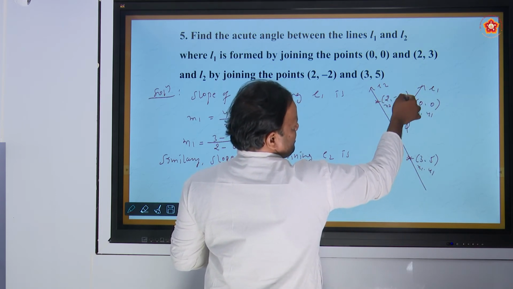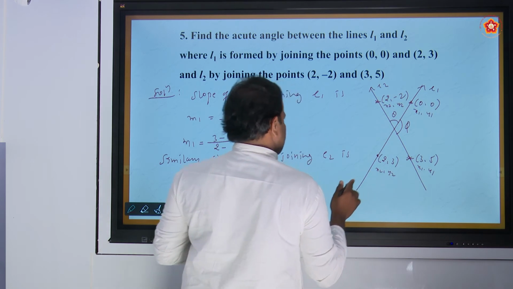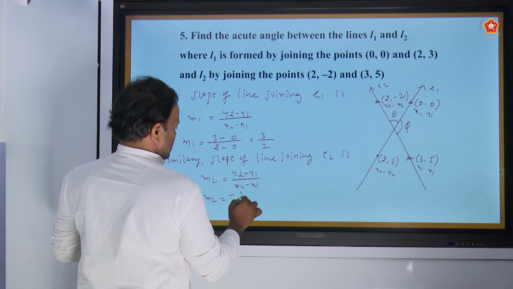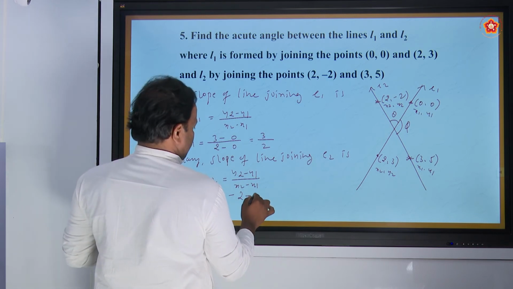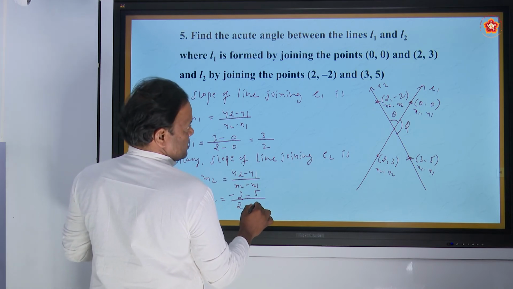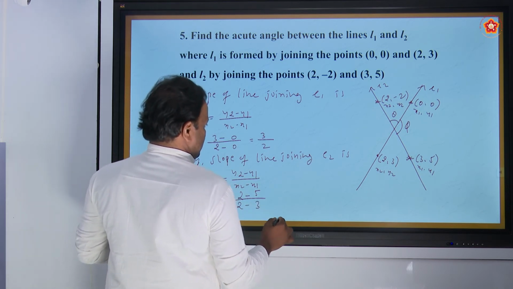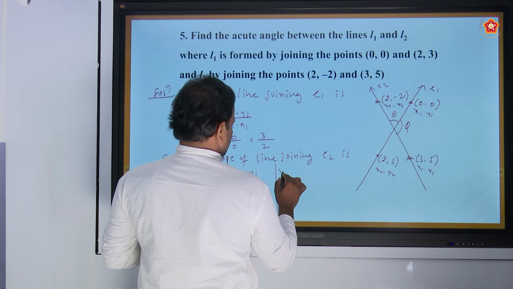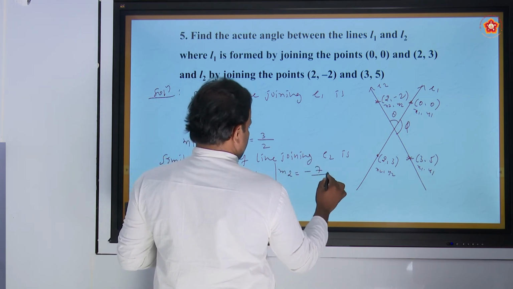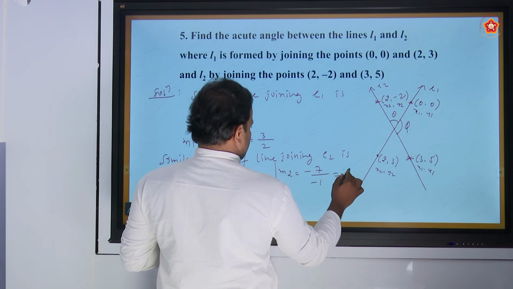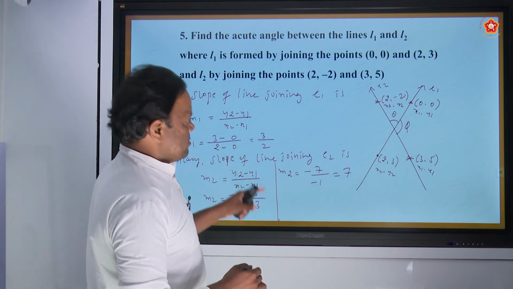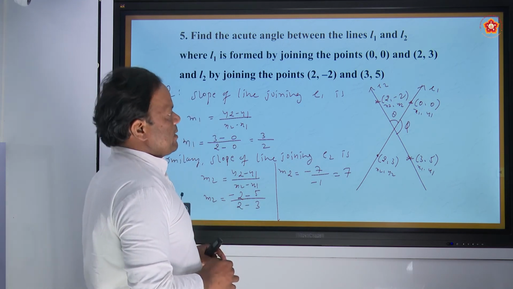Either give the name here x1 or here x2 y2, no problem, the answer will come the same. What is y2 here? 2 minus 2 minus, what is y1? 5, x2 is 2 minus x1 is 3. So what is M2? M2 is minus 7 divided by minus 1, which is 7. Minus 2 minus 5 is minus 7, 2 minus 3 is minus 1, M2 is plus 7.